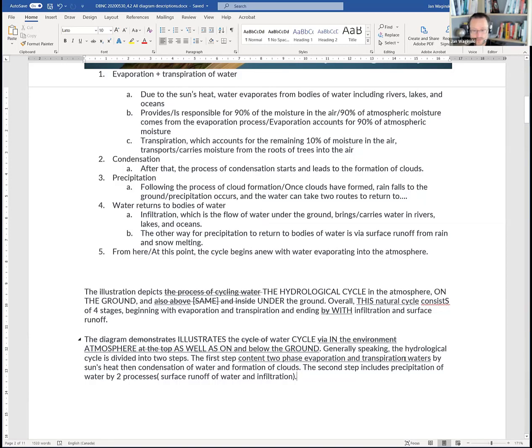Two-phase evaporation consists of? First step, content by sun's heat, then condensation of water and formation of clouds.